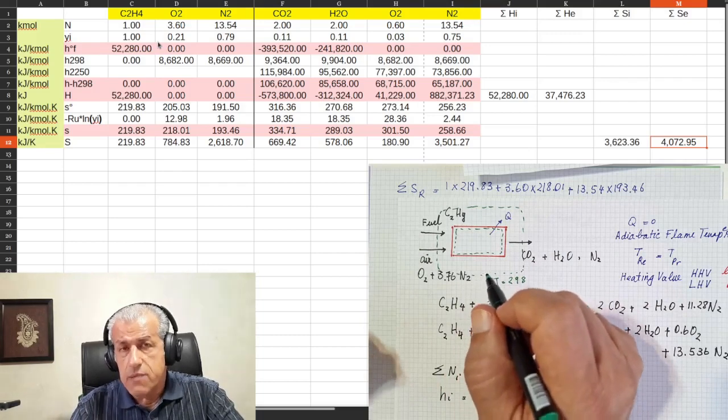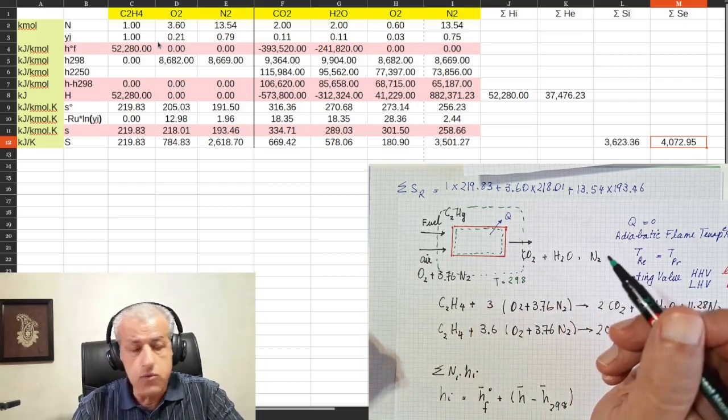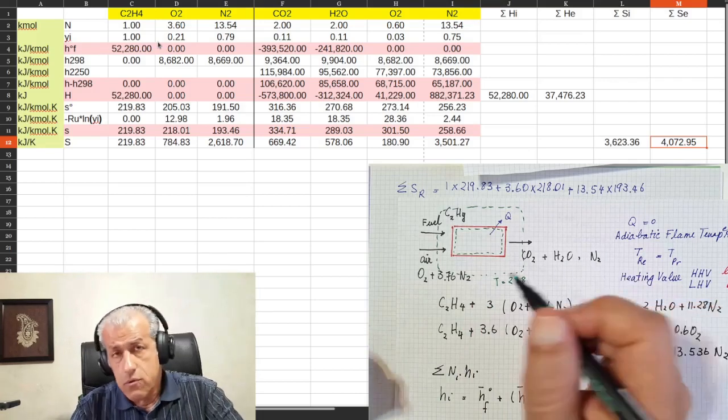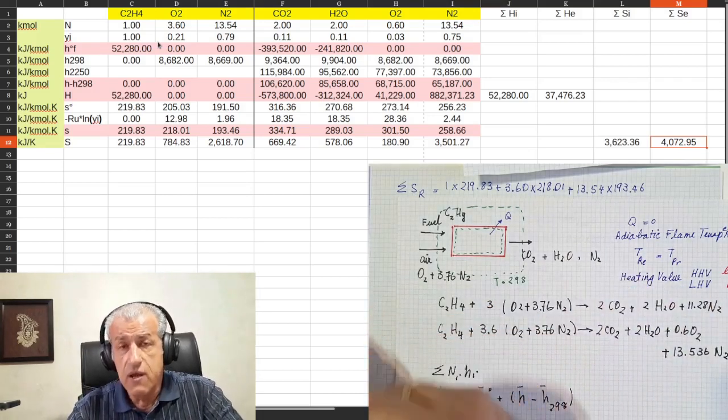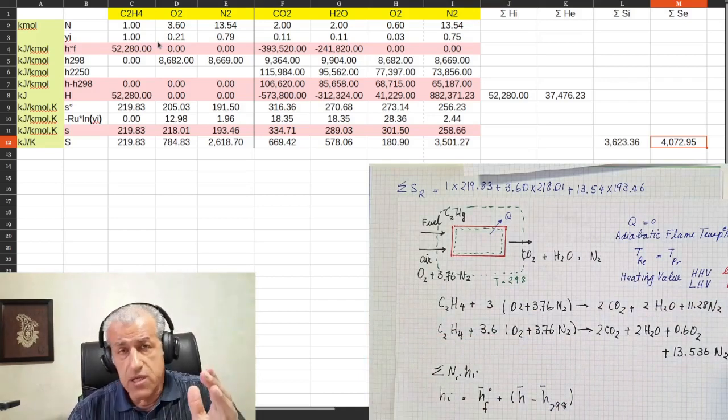And combustion products are at 250. What we could do is just account for that value, because the heat transfer is between some combustion products at 250 and the surroundings at 298.